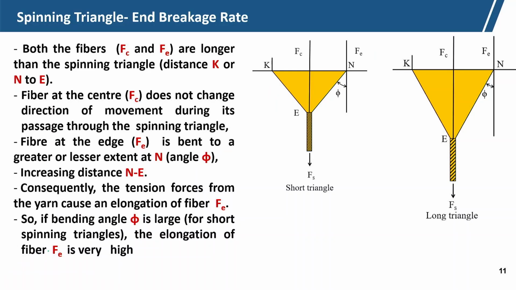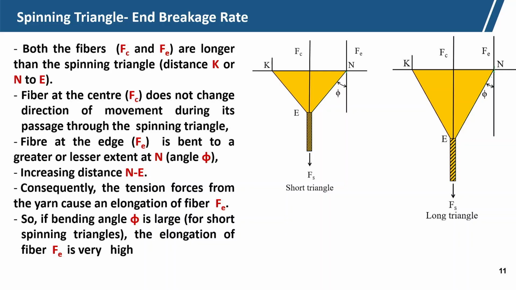If the bending angle phi at the beginning is large, as for a short spinning triangle, the change is sudden. For a long spinning triangle, phi will be smaller.